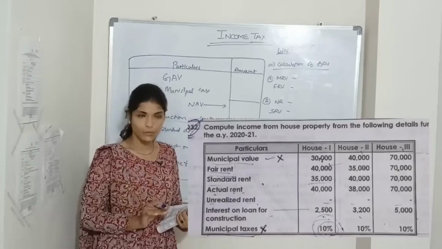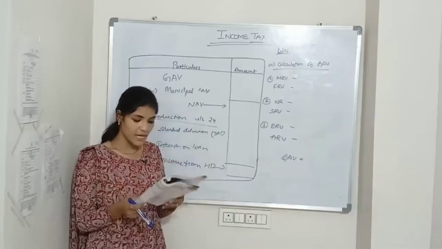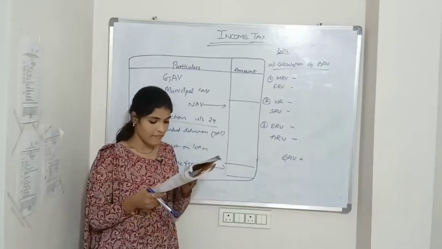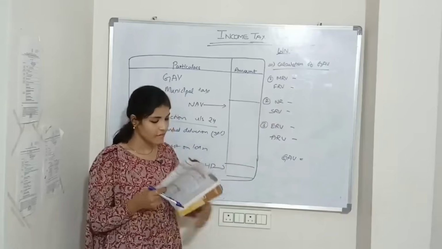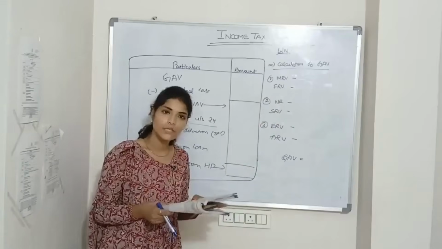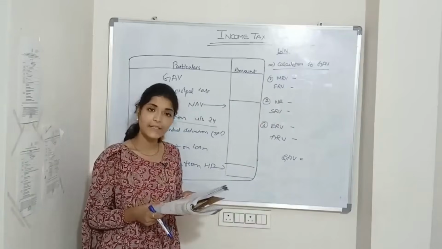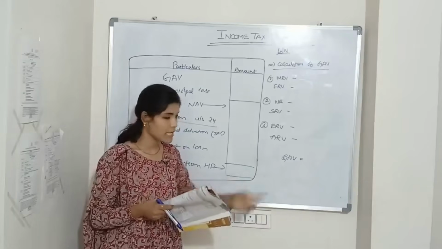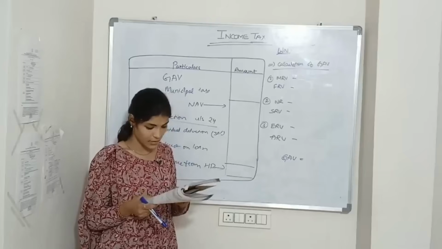For house number 1, municipal value is 30,000. Fair rental value is 40,000. Standard rent is 35,000. Actual rent is 40,000.